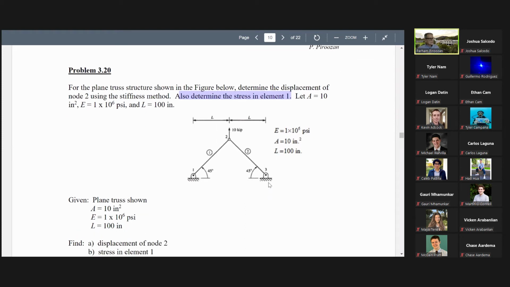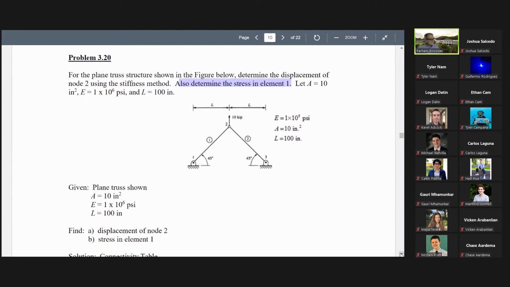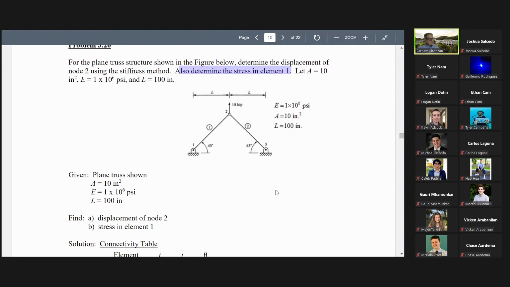So let's first find the displacement of node 2. Area, modulus of elasticity, length, we want to find this. First item is always to create the connectivity table.